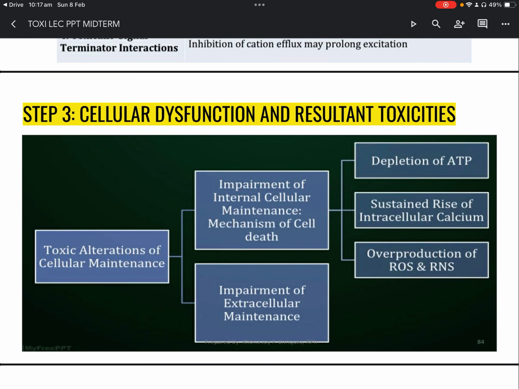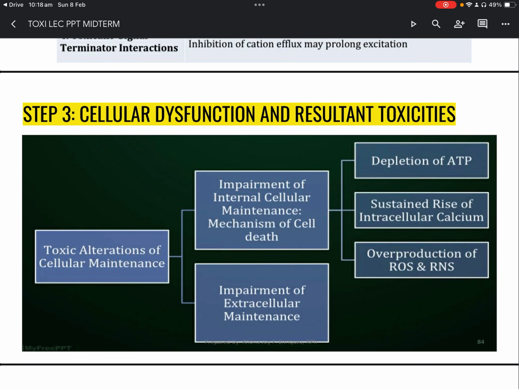Okay, this one. Toxic alterations of cellular maintenance. There are results of impairment of internal cellular maintenance, which is a mechanism of cell death, and impairment of extracellular maintenance. So class, remember for cellular dysfunction in step 3. In step 2, di ba, the toxicant has attached to the target molecule.